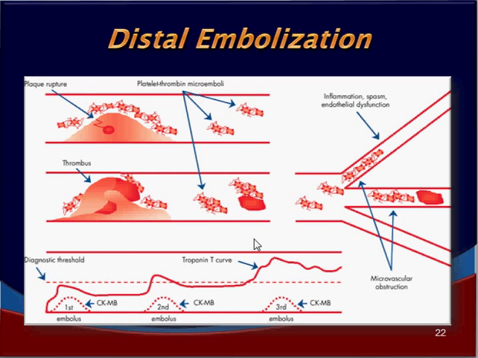This microembolization and microvascular obstruction increases the cardiac enzymes, and there will be several peaks. Whenever there is an embolism coming up, there will be peaks of CK-MB that you can see in the blood.